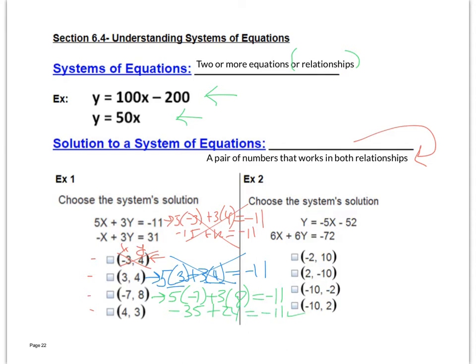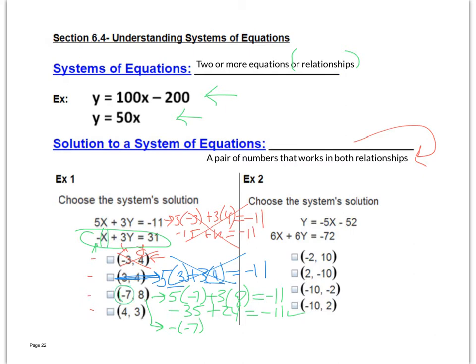But wait. It has to work in both equations to be a solution to the system. So, I'm sorry I crossed that out already, so I'm going to cross it out now. I need to check that same point, but I have to check it in this other equation as well. So I'm going to put negative 7, the opposite of negative 7. Always practice safe math, substitute in parentheses. The negative's there, and then our x that we're putting in is negative, so you have to have negative 7.